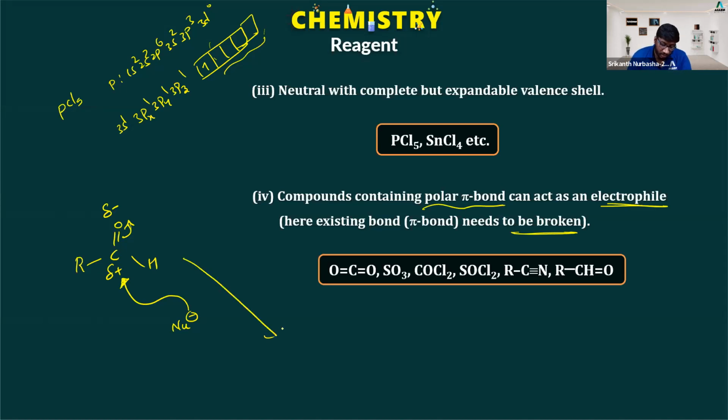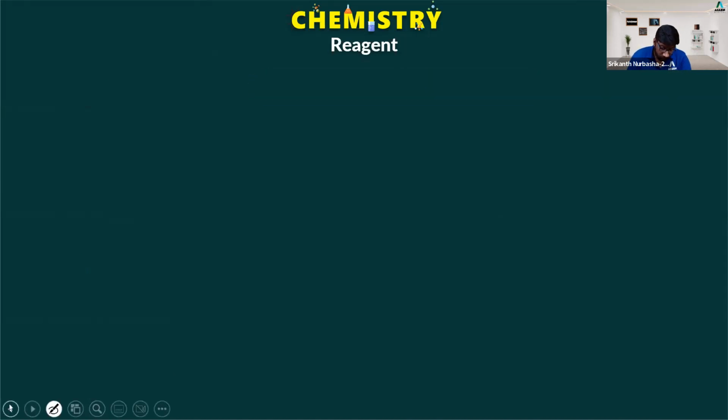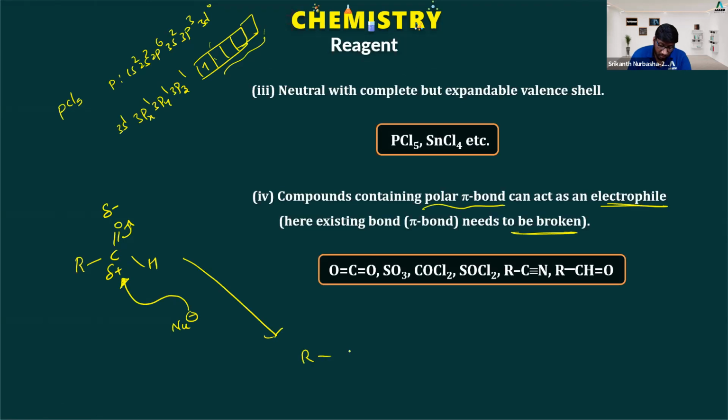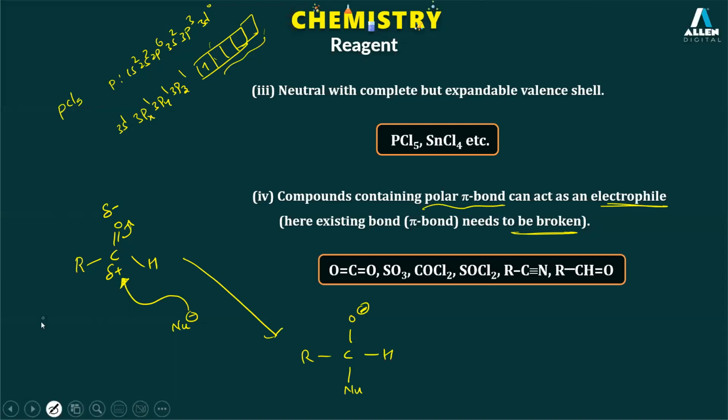The carbon's positive charge is neutralized because it forms a new bond with the nucleophile, and the carbon now has a single bond with oxygen, but oxygen carries a negative charge because the pi electron density has been given to the oxygen atom. Right, students? Yes, sir.